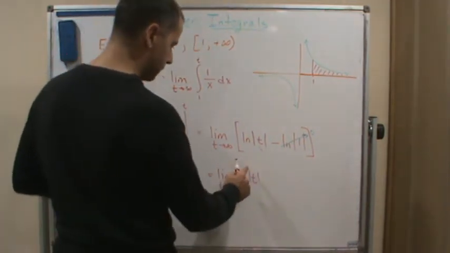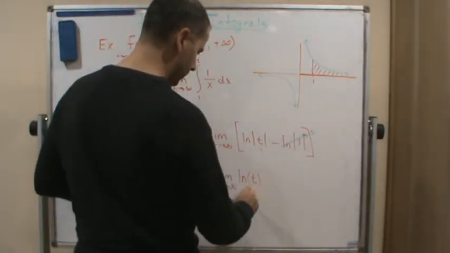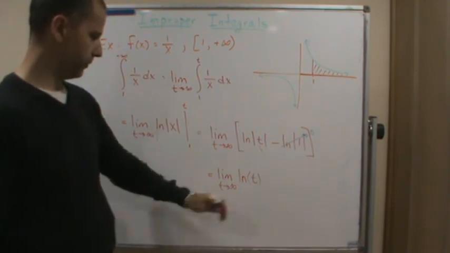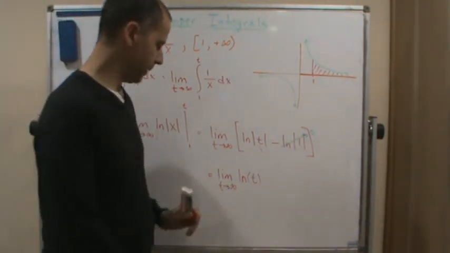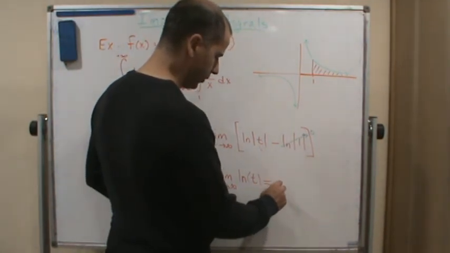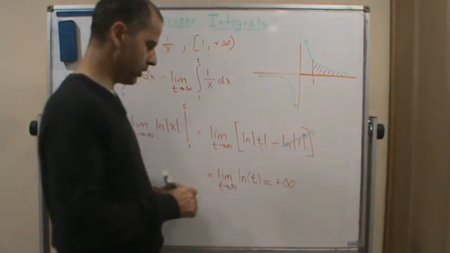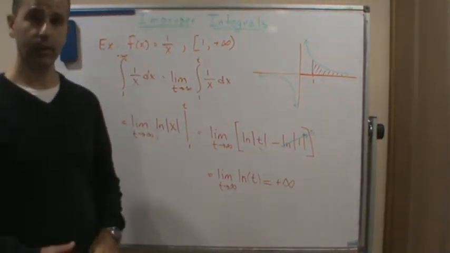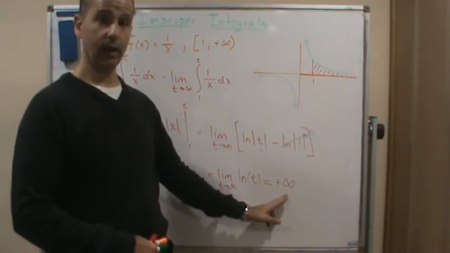And since t is positive, we don't need the absolute values because we're going off to positive infinity. Now, what happens to the natural log of t as t goes off to positive infinity? Well, that's going to go off to positive infinity too. So the result is that our integral diverges to positive infinity.